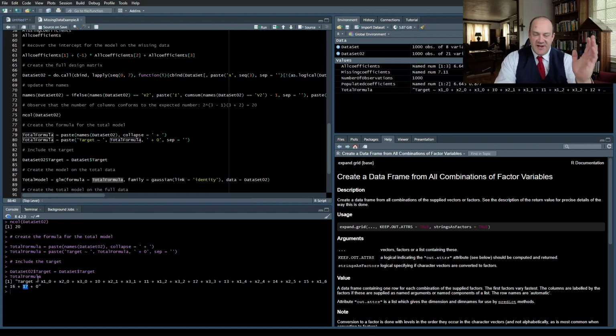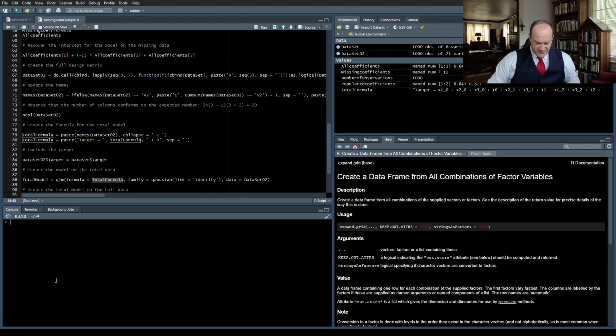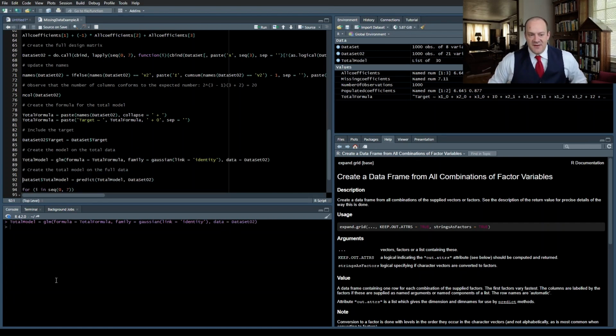And because we have included an intercept column for each of these, we tell the GLM function, hey, don't throw in an extra intercept column. We've got it handled because we're so clever. So we create that model, and then we create the predictions from that model.